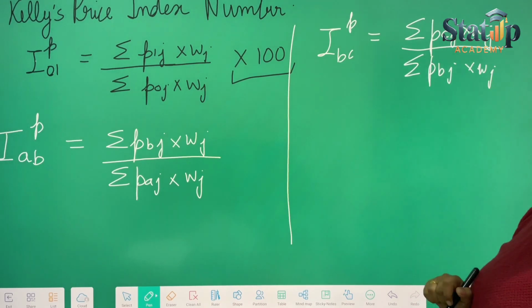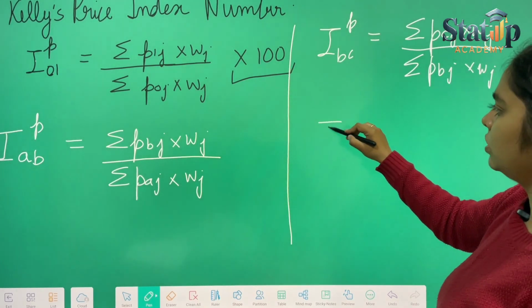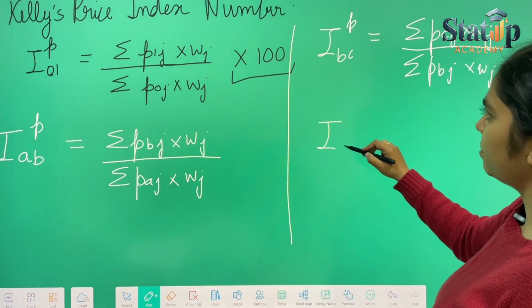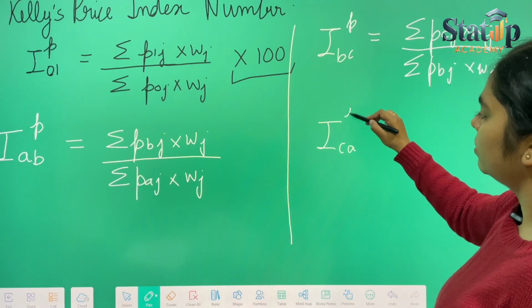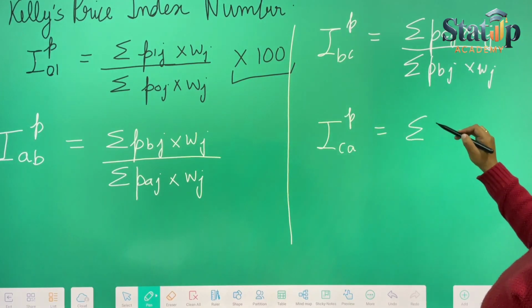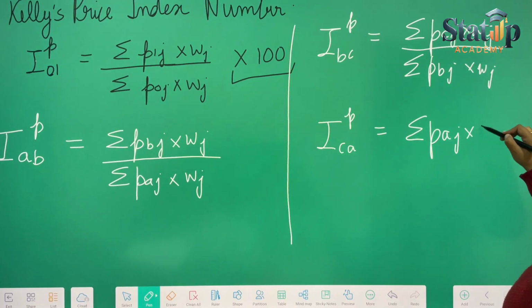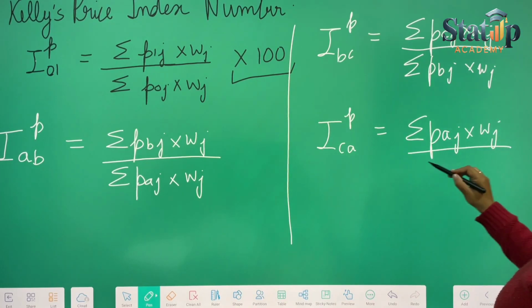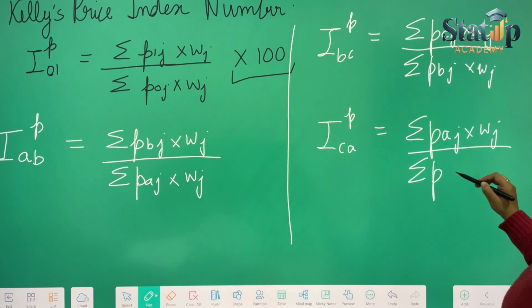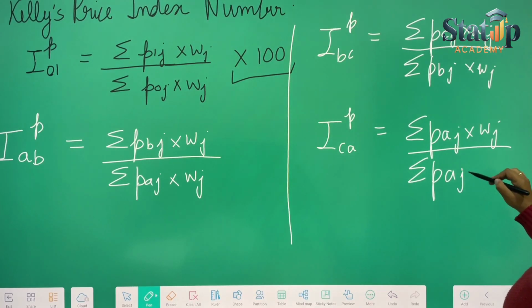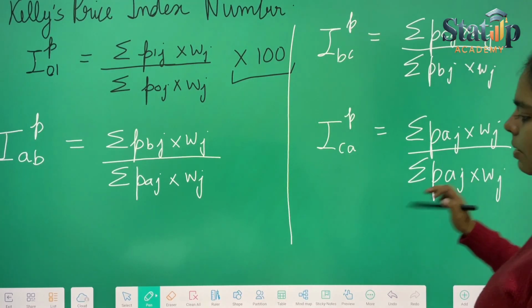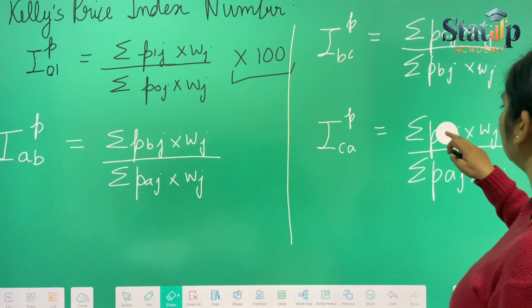These summations are all over j. You must have understood that. This is ICAP equals to summation PAJ into WJ upon summation PCJ into WJ. The above one is PCJ instead of AJ.